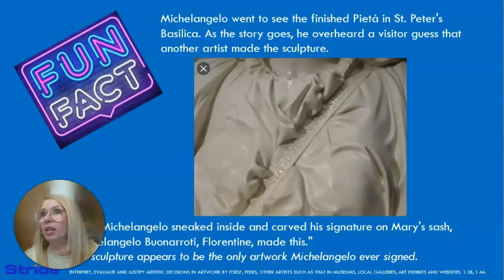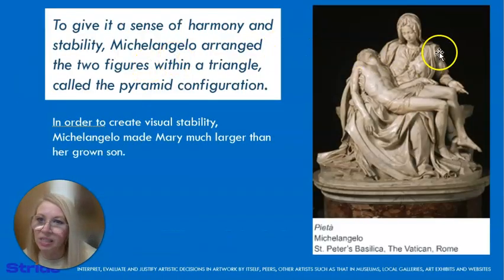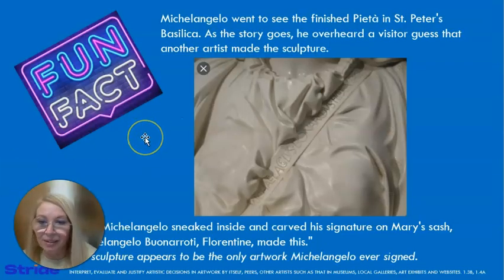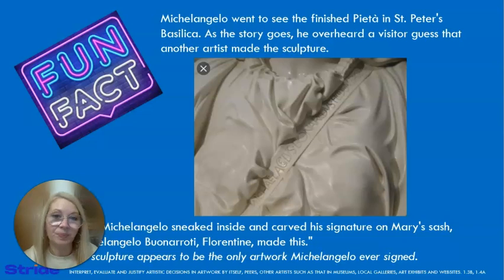Well, Michelangelo gets so upset about this that he sneaks back into the Vatican and carves this across Mary's chest, and it says, Michelangelo made this. It is the only artwork that Michelangelo ever signed. So let me go back real quick to this so that you can see where the sash was. It's right across here. Okay? Isn't that funny? I thought that was kind of funny.